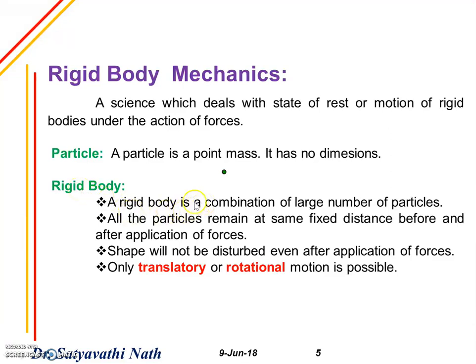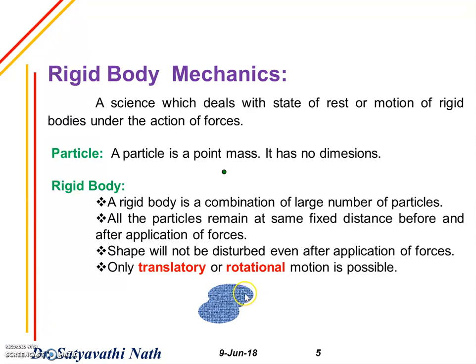That means under the application of forces, if the shape or size of the object does not change, then we can call the body as rigid body. Then what happens to a rigid body under the application of forces? It may get translated or it may get rotated.